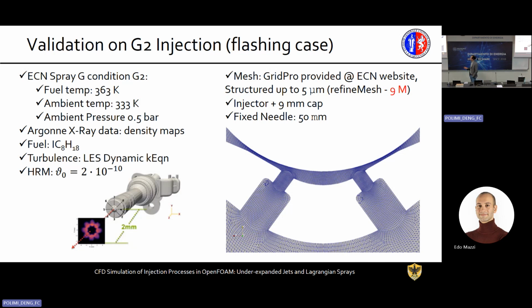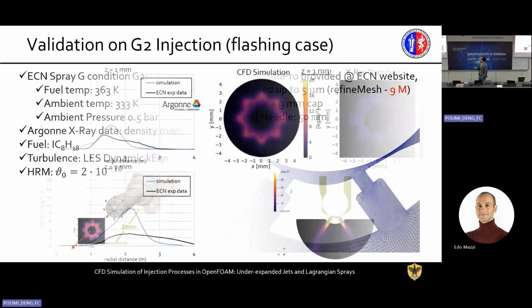We have 0.5 bar, 363 Kelvin of temperature, but especially we have X-ray data from Argonne. And this is the grid we obtained from the SCN website, and we performed the last simulation on that.